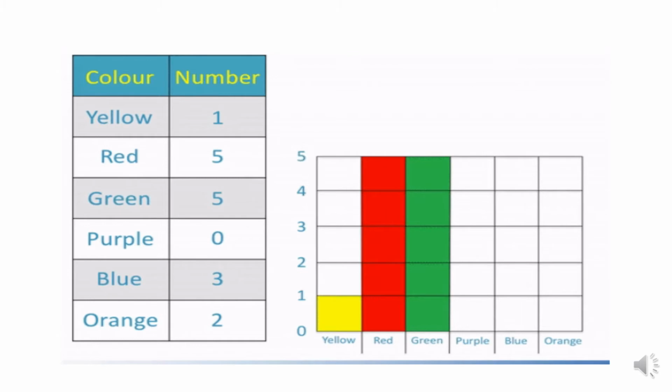As you can see, the squares, or the blocks, they're going up vertically, and they're going up one by one. And each square represents 1, and each square is the same size to make sure that it's consistent and fair.